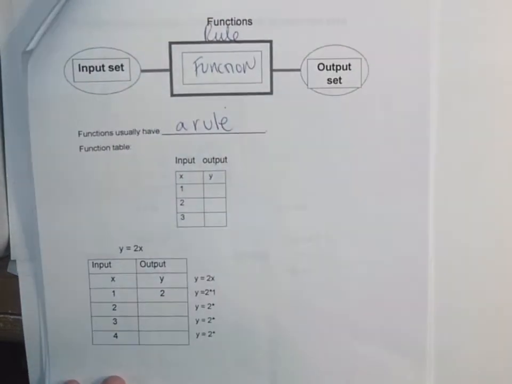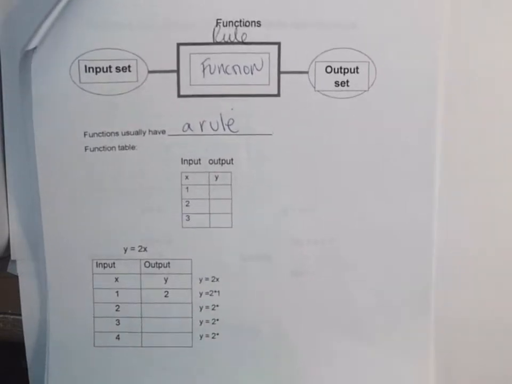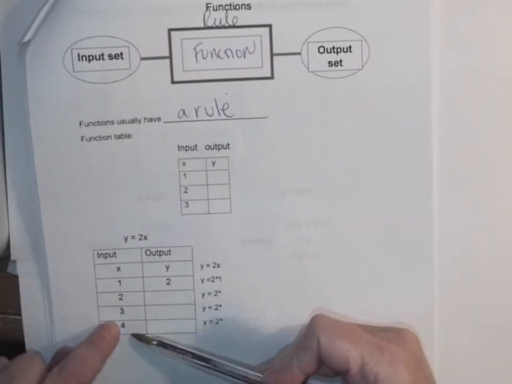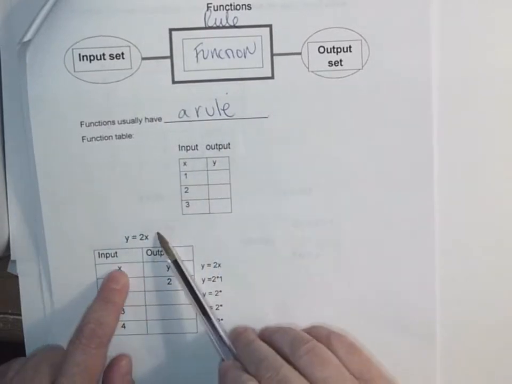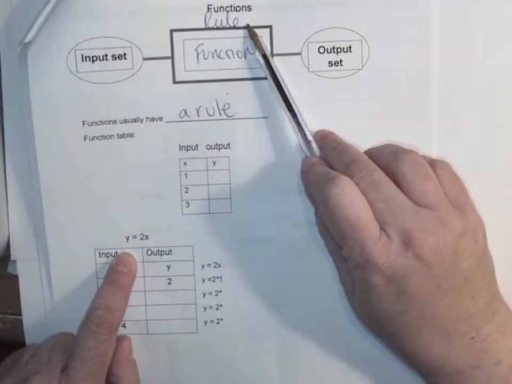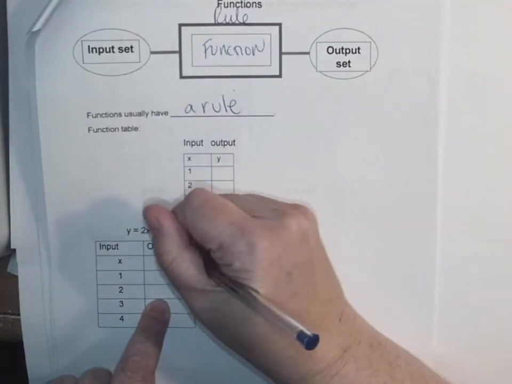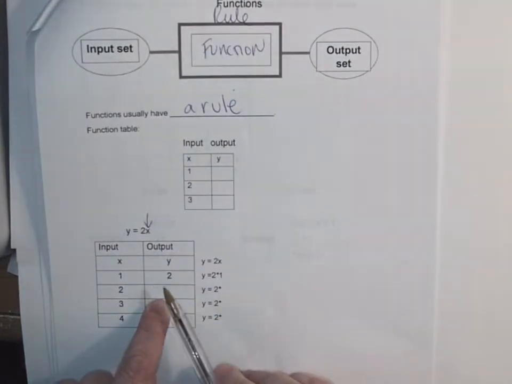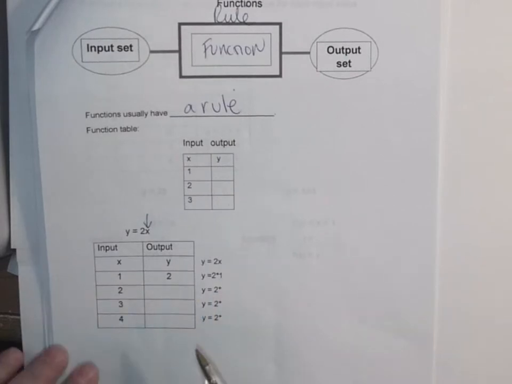Think of that. Okay, so let's take a look at one of these rule machines up here. I have a bunch of x's and I'm looking at my output. My rule is y is equal to 2x for this particular example. So every time there's an x in this rule, I'm going to put in where it lives so I can calculate the output, the y value.